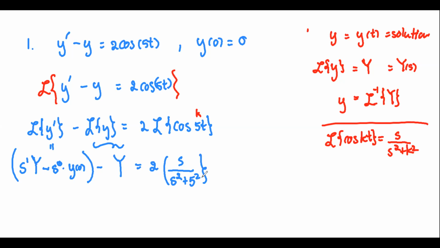And then from here, simplify a little bit. Now we have s times the capital Y. S to the power 0 is 1. Y at 0 is 0 from the given initial condition. So this equals 0, so this term is gone. That's nice. And then minus Y equals 2 times s divided by s squared plus 25.